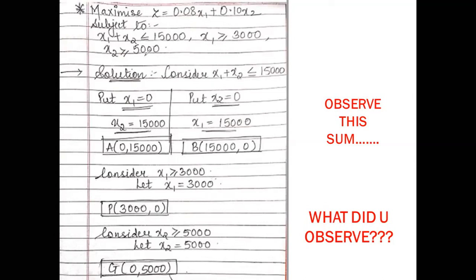So as you all saw, in this particular sum, you have 3 inequations. The first one is a normal inequation, x1 plus x2 less than equal to 15,000. The second one, x1 is greater equal to 3,000. So can you see different signs are used? And x2 is again greater equal to 5,000.